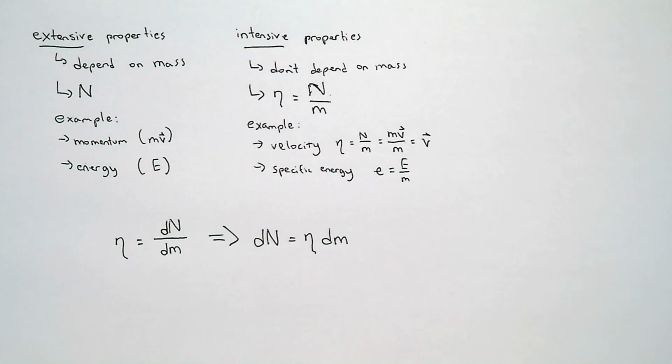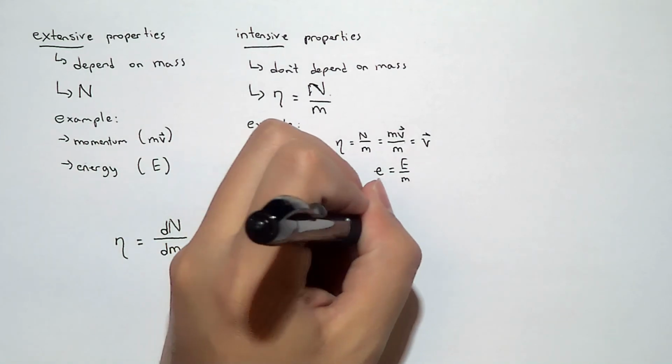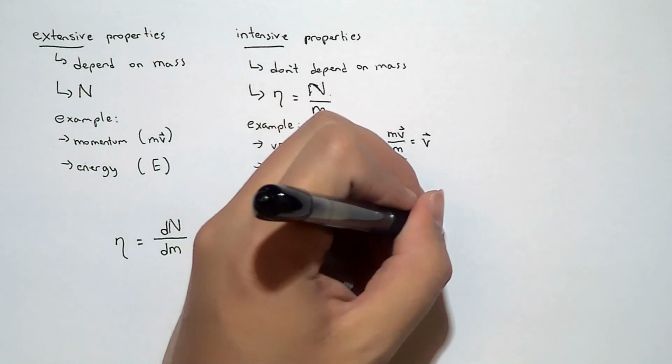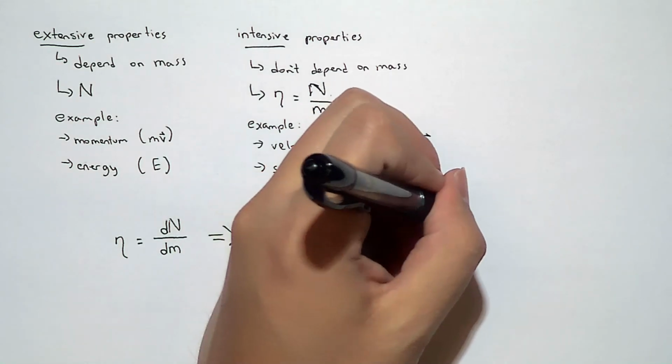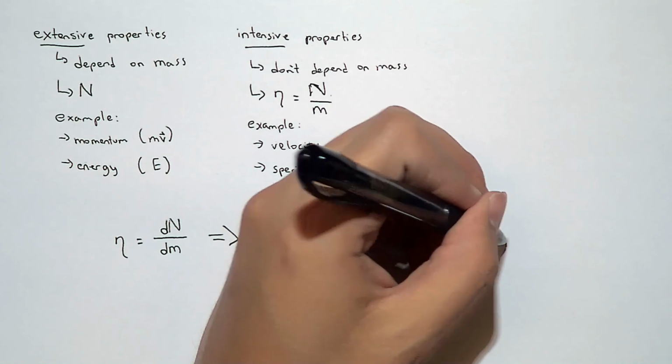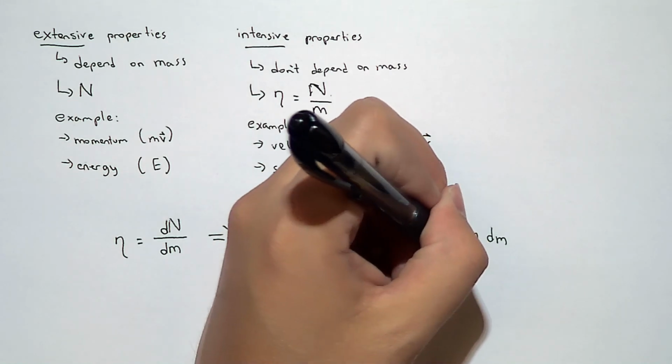So a tiny bit of extensive property is equal to the intensive property times a tiny amount of mass. And from here, we go back to our calculus, right? How do we find the entire amount of extensive property acting over a system, acting over a mass? We integrate, right? So we integrate eta dm over the mass.